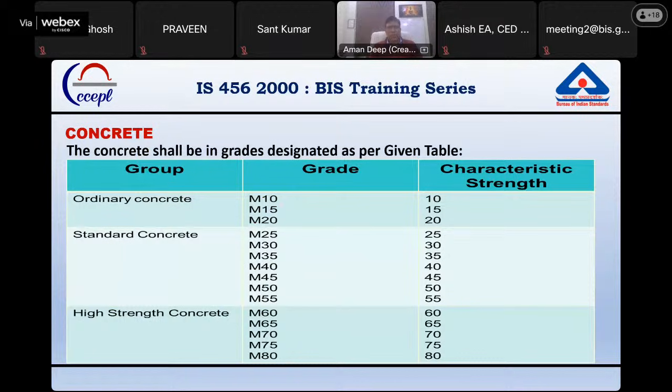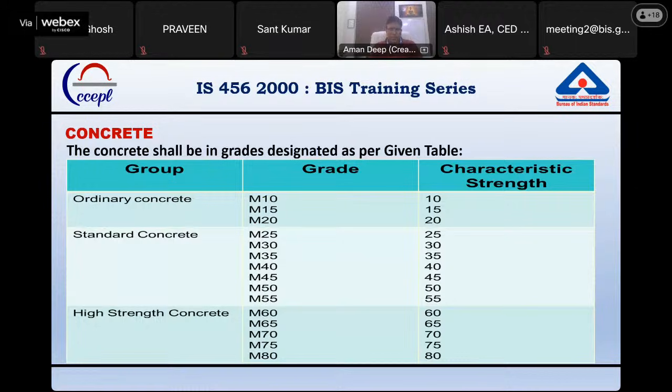Coming to concrete, now concrete is characterized or graded by strength. Generally, we call it M10, succeeding with the gap of 5. We are defining different grades of concrete. Standard concrete we can consider M25 to M55, and high strength concrete M60 to M80.